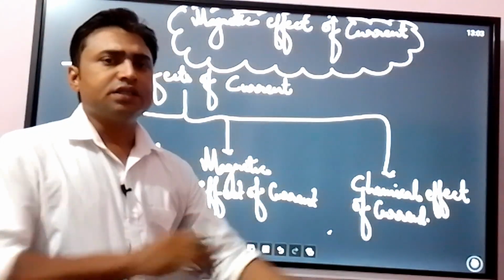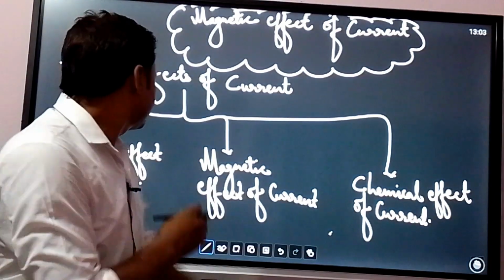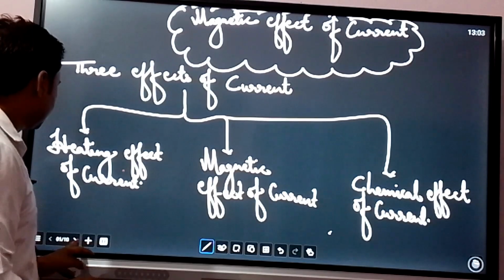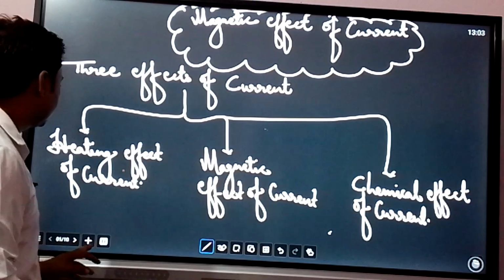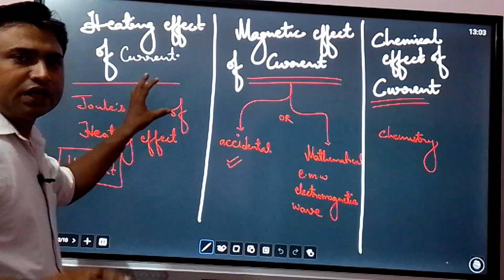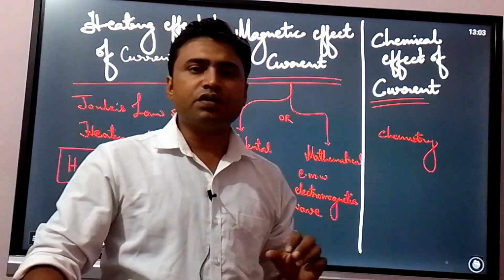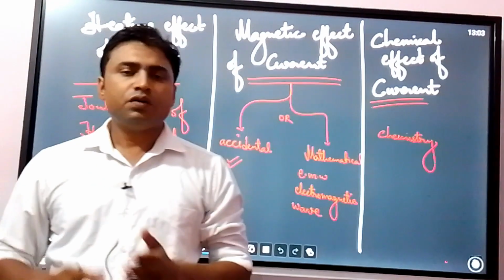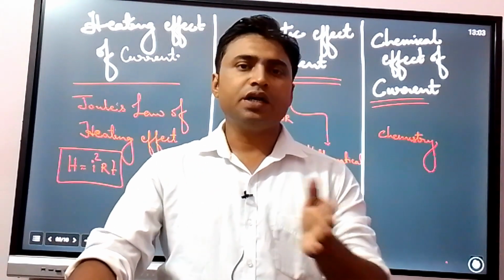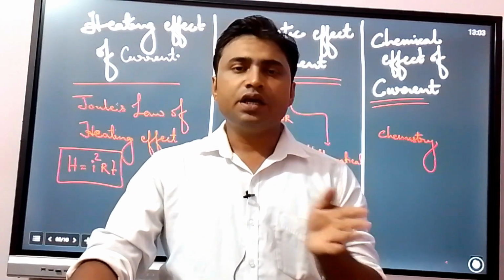Now the question arises: for the heating effect of the current, it was very easy for scientists to do research in this field, because they had a proper direction in which path to study.